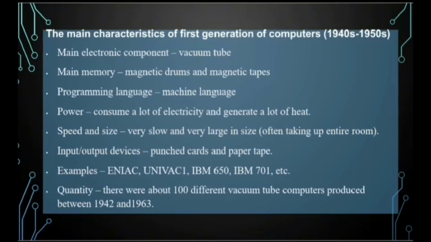Programming language: machine language. Machine language is the lowest level programming language, consisting of binary code that directly instructs a computer's central processing unit. Each instruction corresponds to a specific operation, such as arithmetic or data movement, and is represented using a sequence of 0s and 1s.